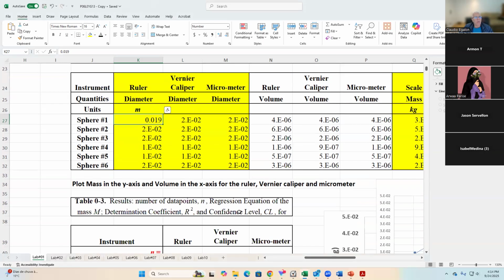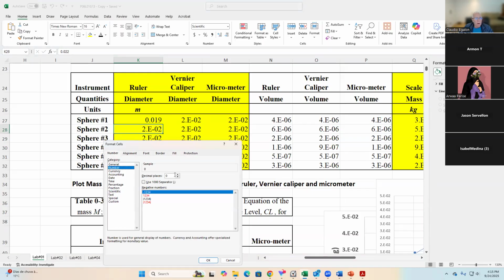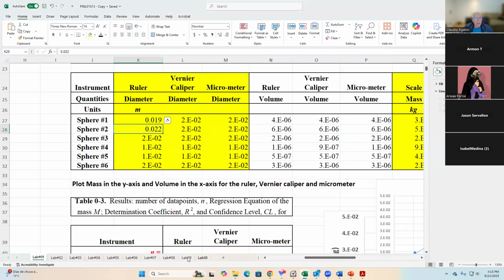Here's a measurement done with a ruler. And that's the proper way of displaying or reporting the measurement done by the ruler. Okay? And then you can do the rest too. This one here, 0.022, right? Right click, format, number, 1, 2, 3, and boom. We have displayed it properly. And now, all those measurements that you see here will all have the same number of decimal places, okay?